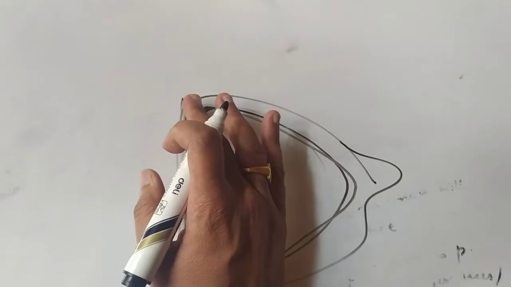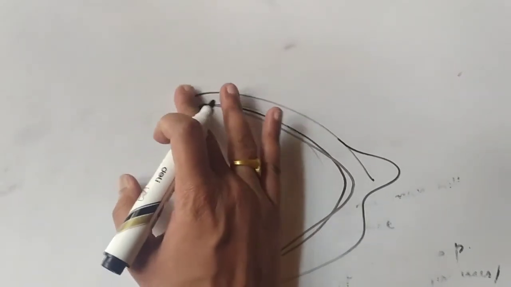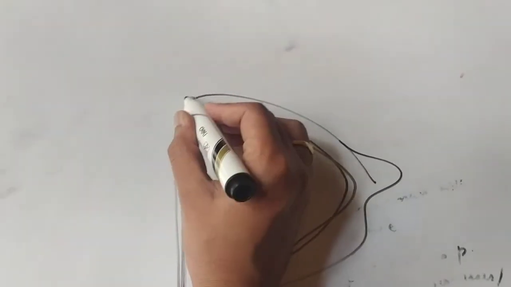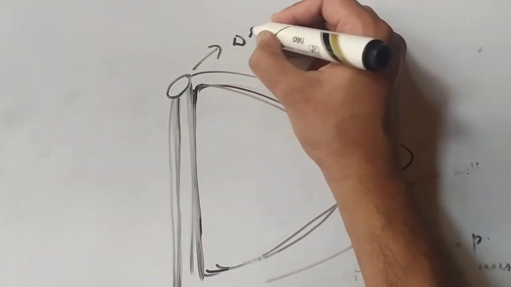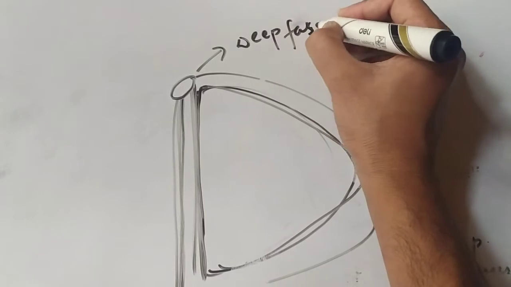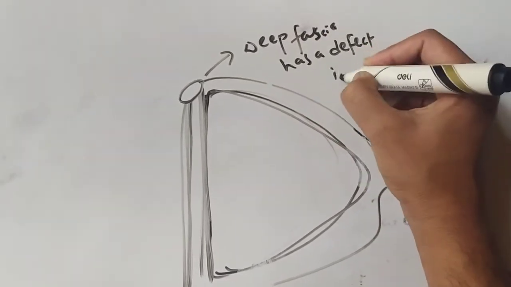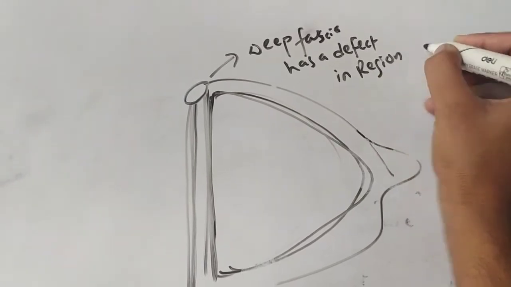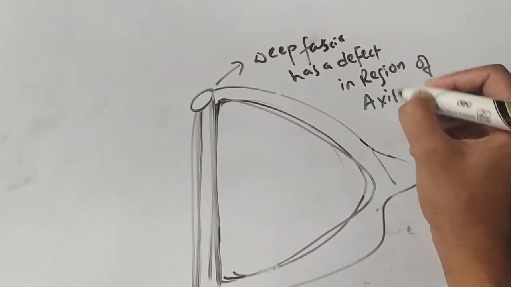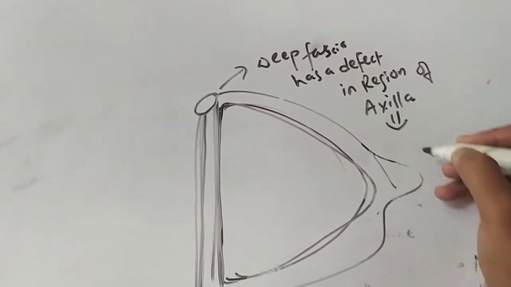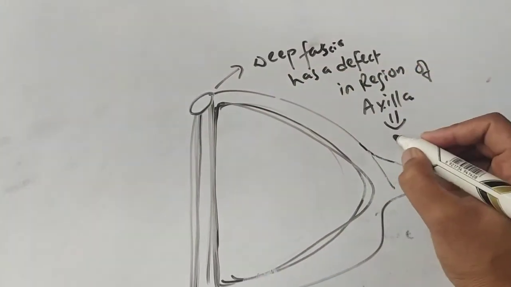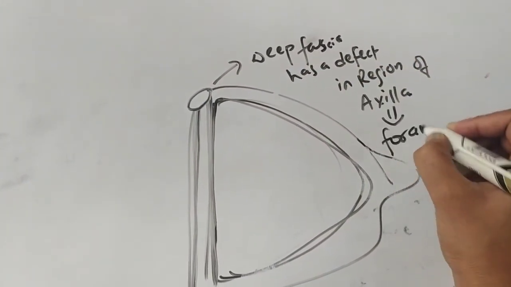The deep fascia has a defect in the region of the axilla, and this defect or foramen is known as the foramen of Langer.